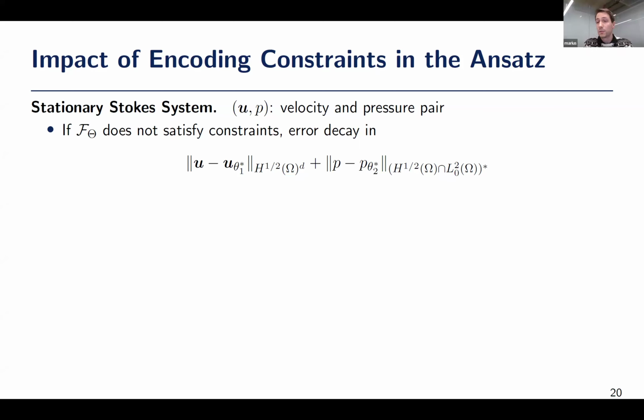And lastly, I want to comment on how imposing certain conditions, like boundary conditions or divergence conditions, exactly in the ansatz space will improve the mode of convergence. Let's do this with a stationary Stokes system. So we have a pair of velocity and pressure, and we assume that our ansatz does not satisfy any constraints. Constraints in this case are divergence constraints and Dirichlet boundary values.